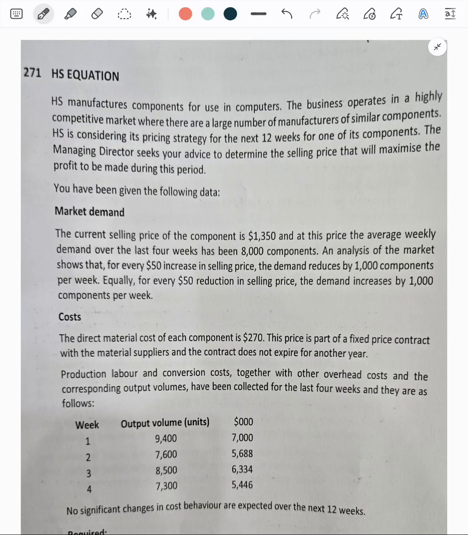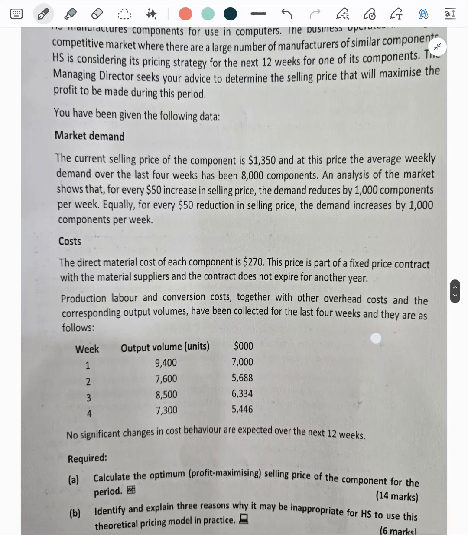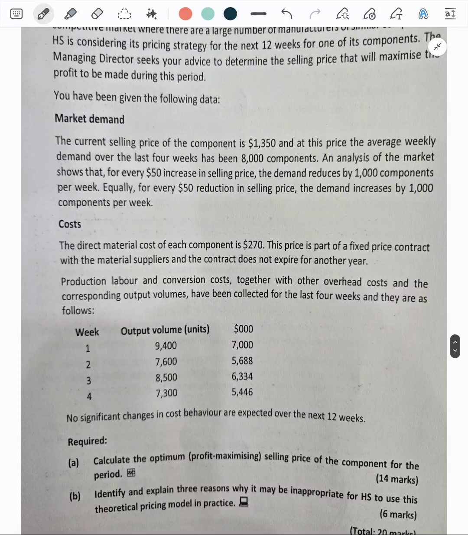HS is considering its pricing strategy for the next 12 weeks for one of its components, and the managing director seeks your advice to determine the selling price that will maximize the profit to be made during this period. You have been given the following data: market demand, current sales price of the component is 1350, and at this price the average weekly demand over the last 4 weeks has been 8000 components.